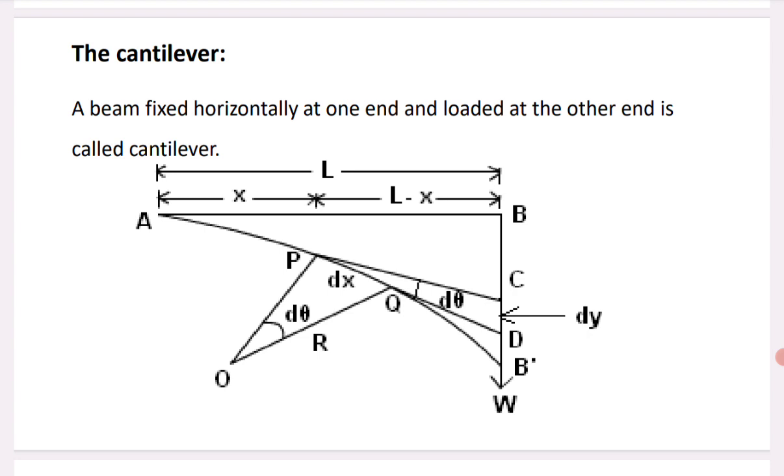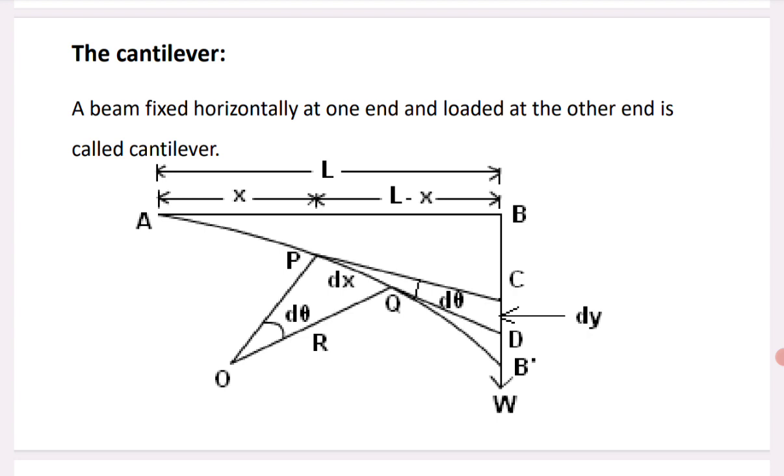Let L be the original length of the beam. If you apply a load at the free end B, the free end of the beam shifts from the point B to B dash.